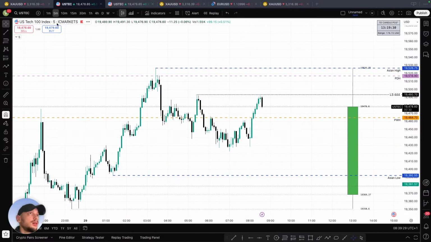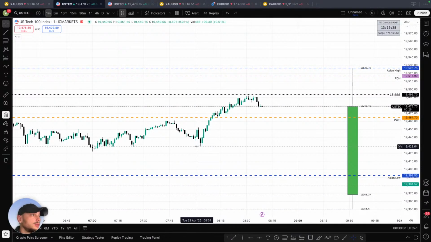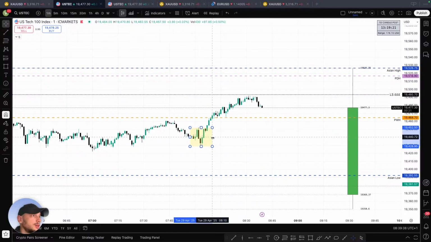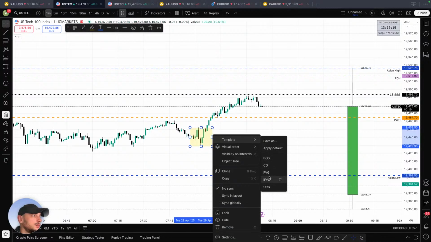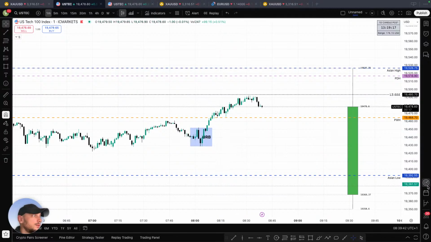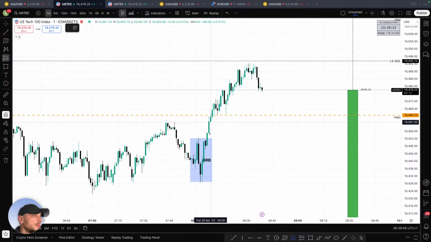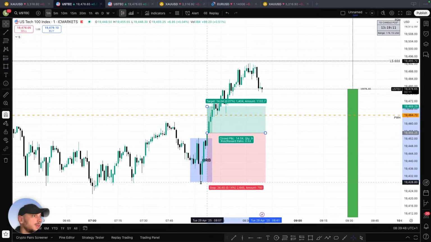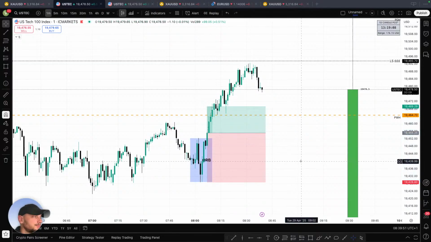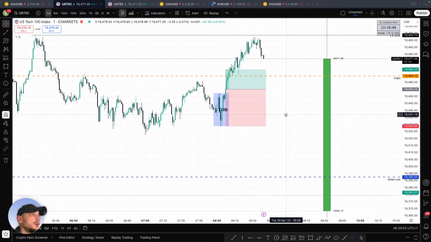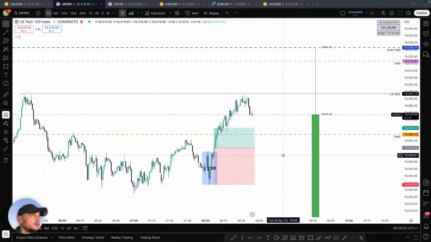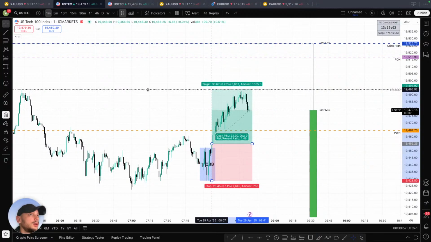Here, you have to be honest, we had an opportunity, but we were dealing with gold at the same time. So we had this opportunity here, this candle. But our bias was bearish. That's why we didn't enter. And our take profit probably would be right here. 1 point.